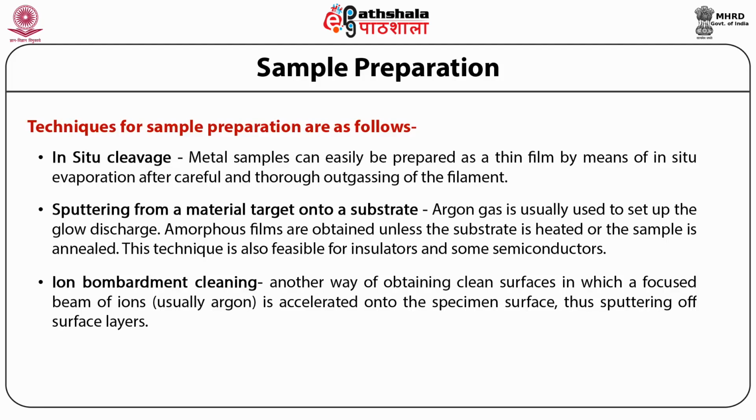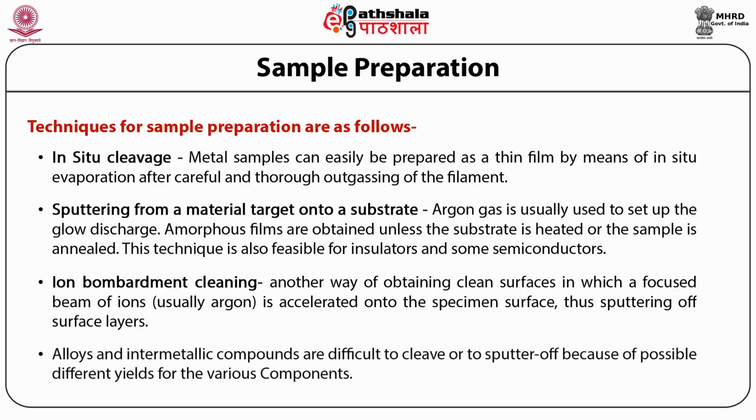This method results in amorphous surfaces containing argon atoms, which tend to get embedded into the surface. Therefore, annealing is needed. Alloys and intermetallic compounds are difficult to cleave or to sputter off because of possible different yields for the various components.